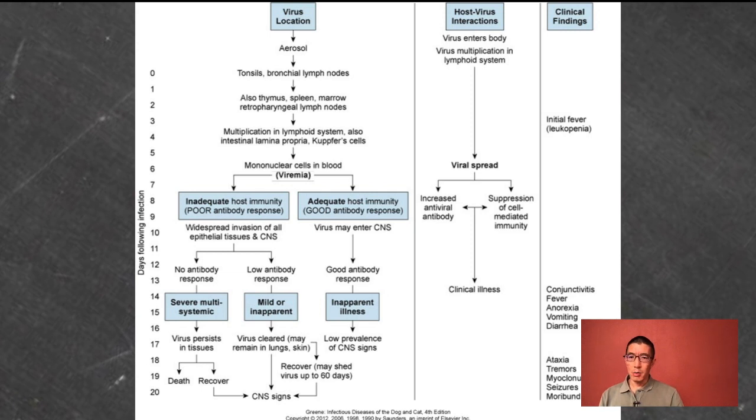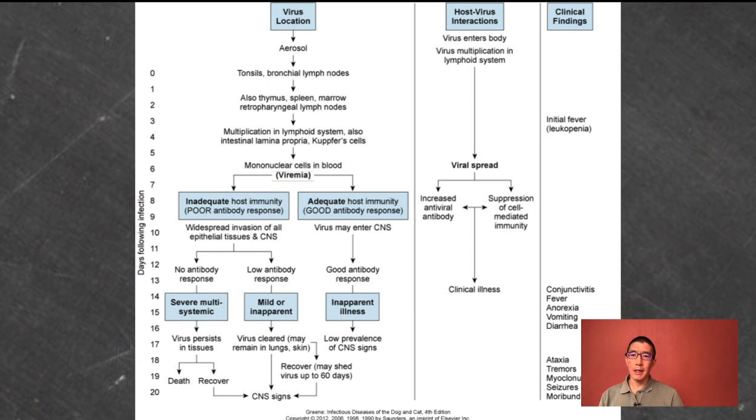With a poor immune response, clinical signs are seen that are related mainly to the respiratory and gastrointestinal tracts. So these include snotty eyes and nose, coughing, vomiting, and diarrhea. But most of these animals go on to eventually recover. In a small percentage of cases, there may be complications with the virus infecting the brain.